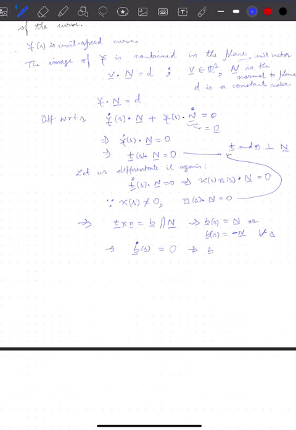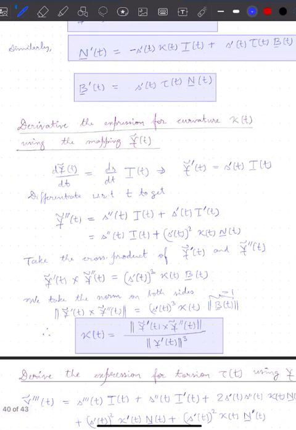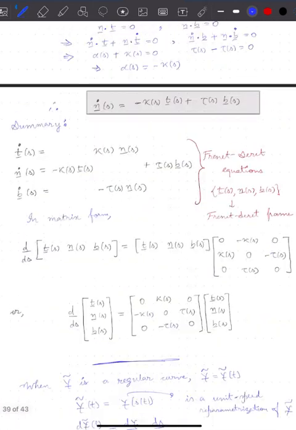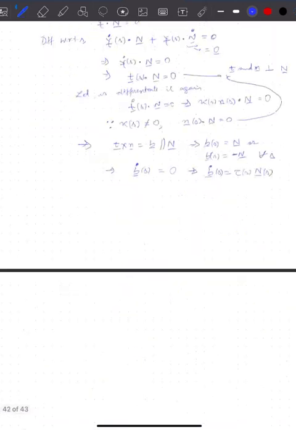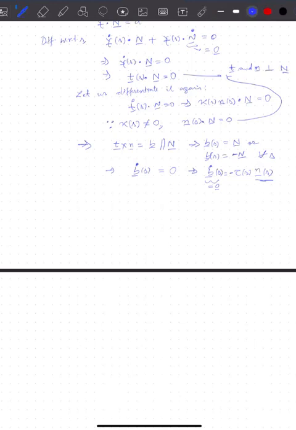And this implies, we recall, that b dot of s is equal to minus tau of s N of s, from the Frenet equations. That's what we had, right? Now, since this is equal to 0, and of course the N vector is not equal to 0, this implies that tau of s is equal to 0.